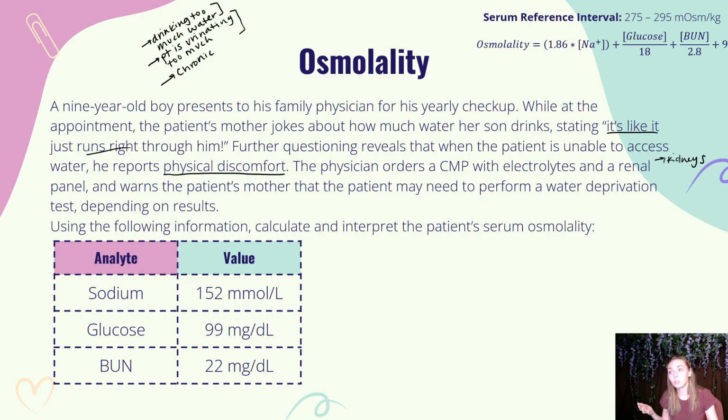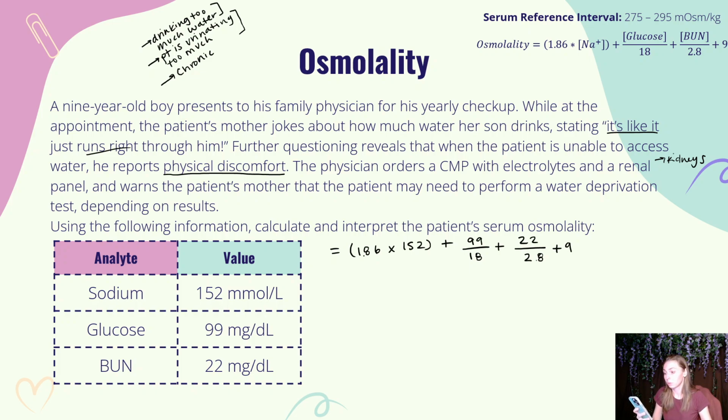So let's go ahead and real quick just go through the calculation steps. That's going to be 1.86 times 152 plus our glucose, which is 99 over 18, plus our BUN, which is 22 over 2.8, plus 9.